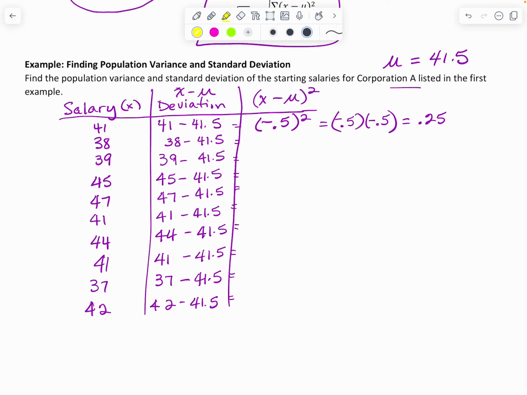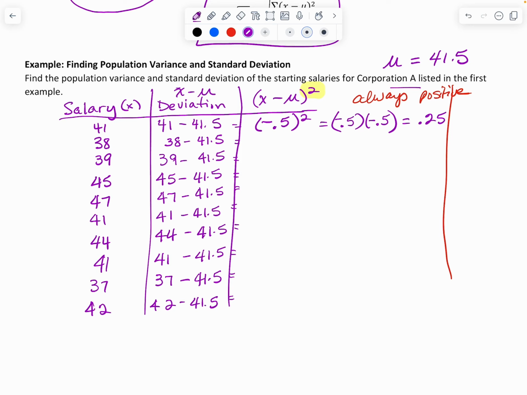The whole reason that we square this is so that we end up with positive values, because a negative squared and a positive value squared always give me positive numbers. So this last column right here is always positive because we're squaring it. Right?